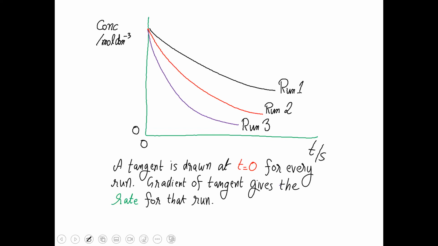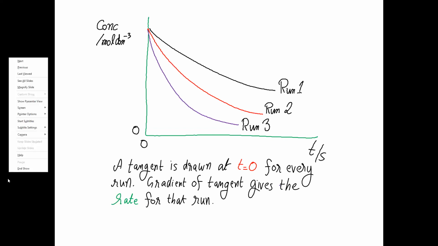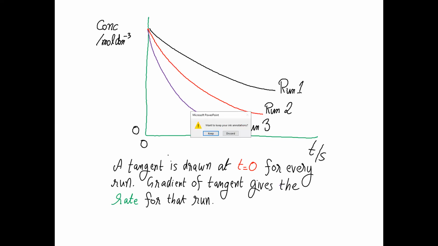Yes, I've copied. So we will draw a tangent at time t equals 0.